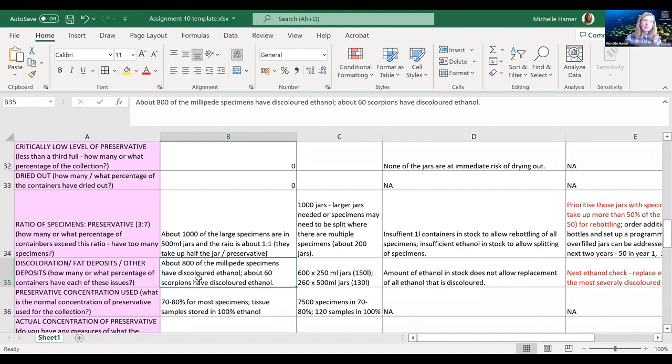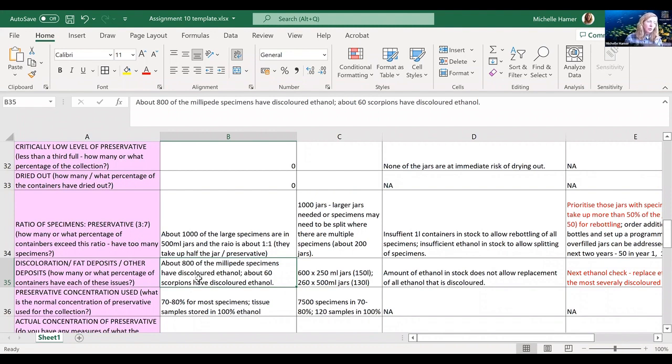If it's just a bit discolored, it's usually not a problem. But once it starts to leach out fat, too much fat, or with my millipedes that I work on, it seems to leach out like a crystal, it's probably a calcium deposit. And that starts to coat the whole specimen eventually.